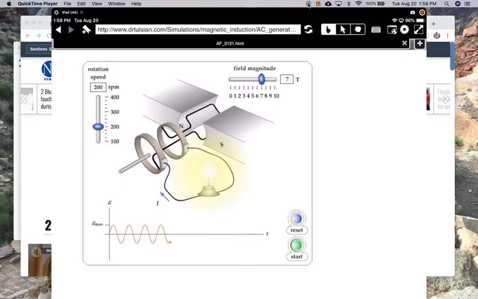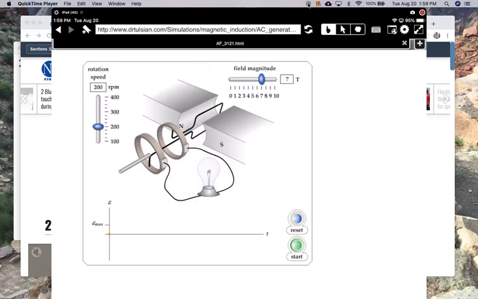In a nuclear power plant, you would split a nucleus, and the nuclear binding energy is released. You use that heat to produce steam, which in turn turns this loop of wire, producing electricity. So the generator is converting various forms of energy into electrical energy.